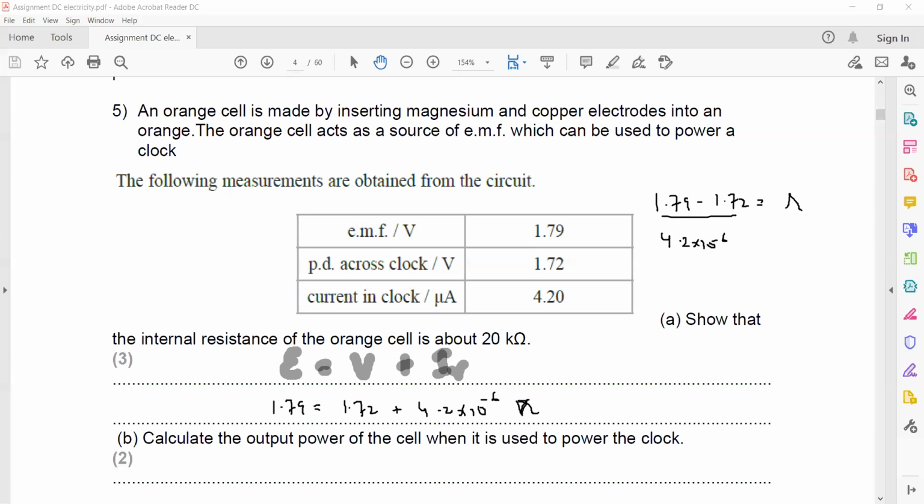When we calculate the value, it will be 16,700. So the value of r is equal to 16,700 ohms. And we have to show that it is approximately closer to 20 kilo ohm.